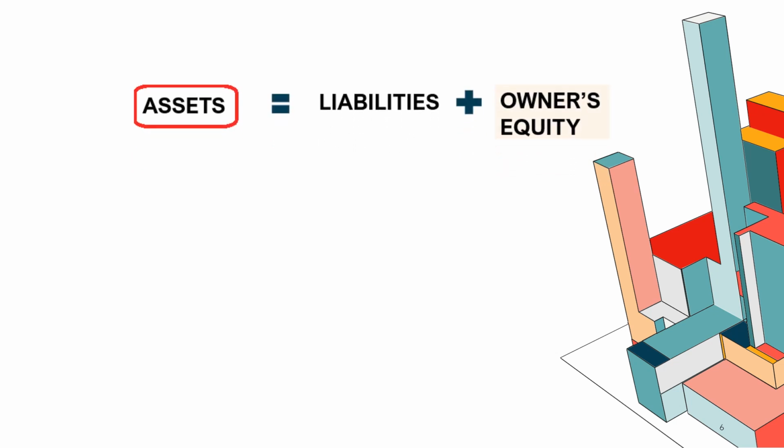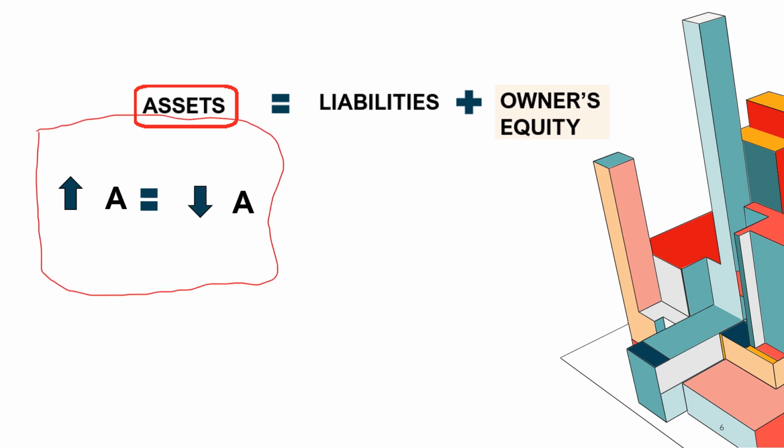How about if one of the items in our accounting equation changes on its own, do we have that kind of transaction? Yes, we do have. So we have an increase in an asset equals a decrease in another form of asset.